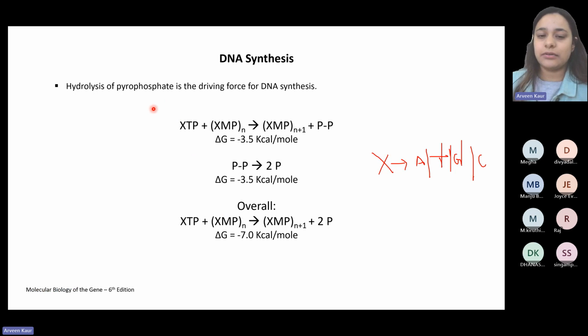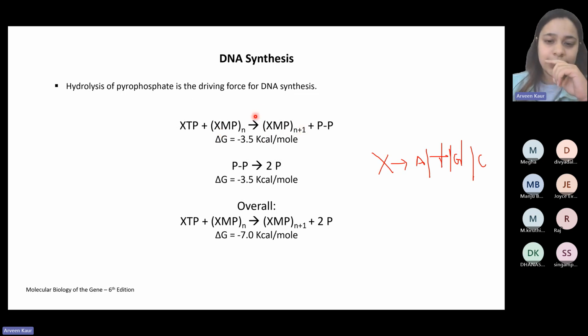So this XTP, if we talk in context of adenine, or adenosine, we will say that ATP plus AMP raised to power n would basically give, what is this? It is the existing polynucleotide that is present, to which a new dNTP is being added, right?